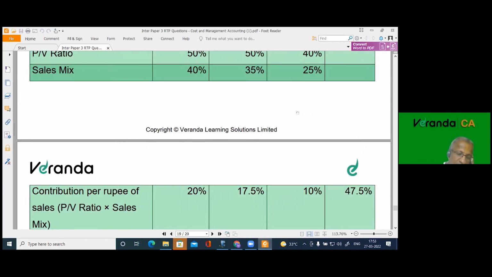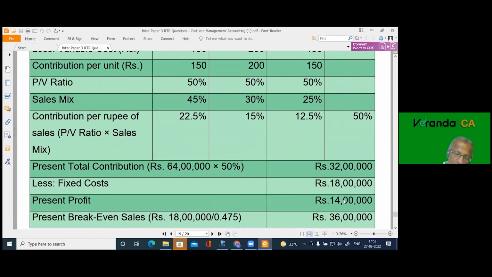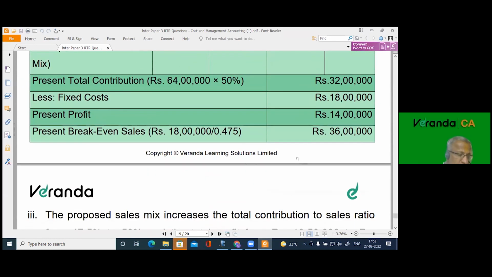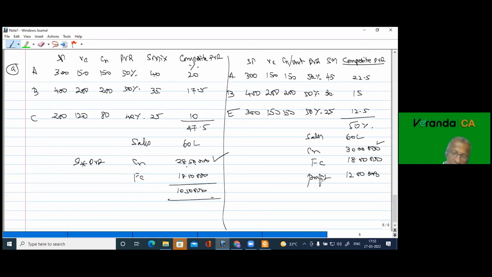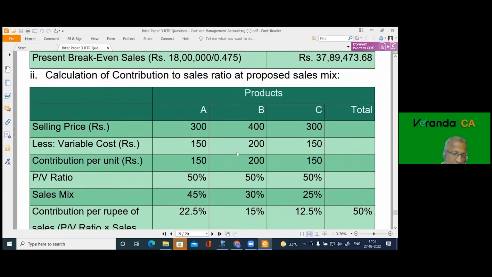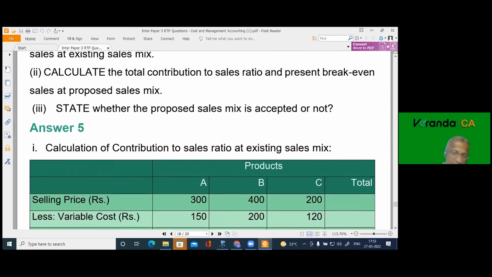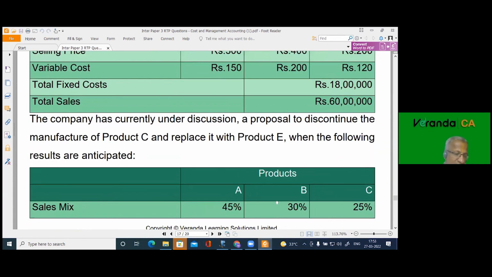So the profit is 14 lakhs on 64 lakhs sales; I think they have just given the same figure. So please understand there is a wrong input in the question itself.